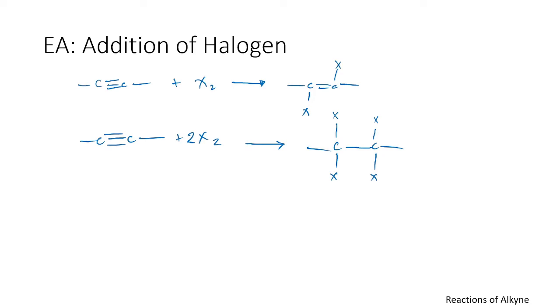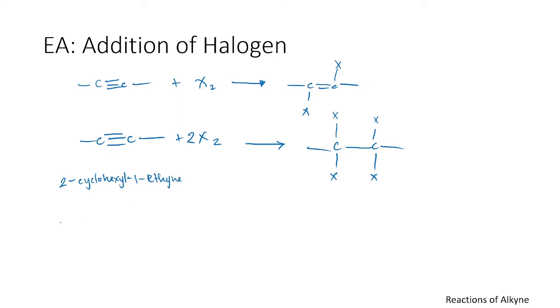So, for example, say we have 2-cyclohexyl-1-ethyne. What will be its structure? We have 2 cyclohexyl, so that means it is a cyclohexane that is attached to our ethyne.